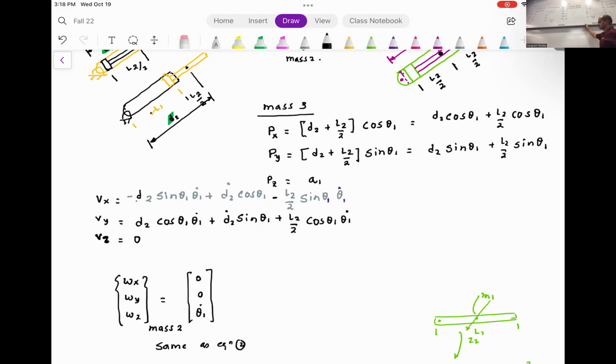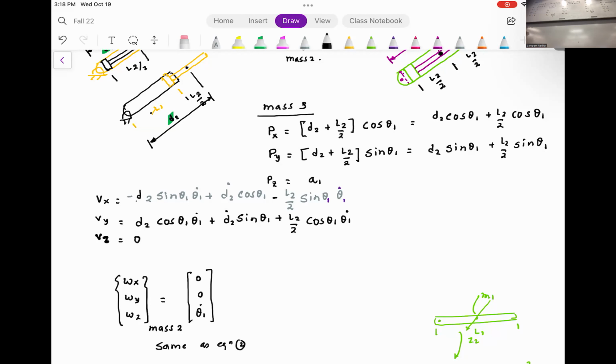My recommendation to you is what I have done here is nothing but rewrite the equations that I derived in the last class. Now, with these equations, the next step is writing the equation for kinetic energy for mass 1. For mass M1, there are two types of kinetic energies.